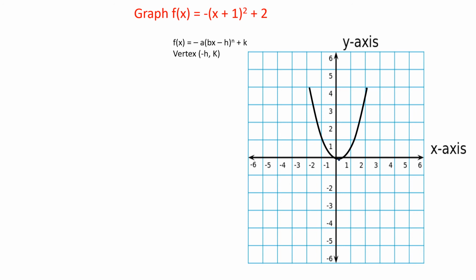But from what I just shared with you in the earlier slide, we can look at this and already know what our final vertex is going to be. Because we have the addition of 1 inside, then we're going to end up with a negative 1. And since they're adding 2 on the outside of the parentheses, we're going to have 2 for our y value. So that is going to be our vertex.